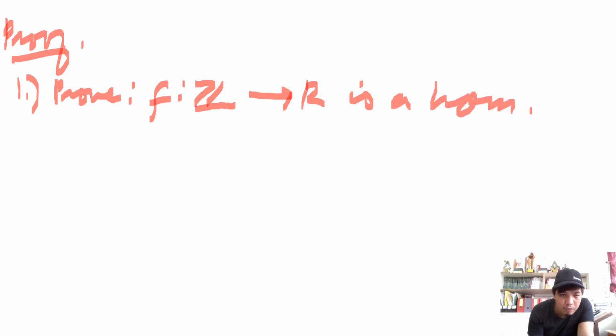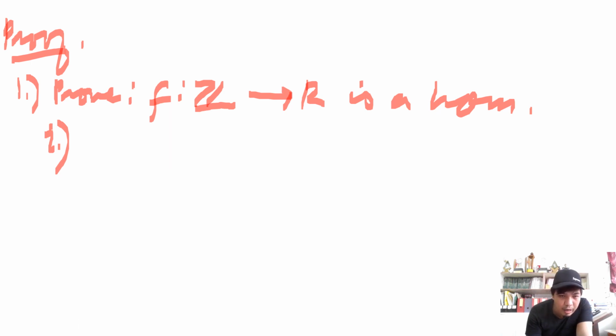From our previous discussions, in order to show that a function is a homomorphism, we have to satisfy three conditions. The first one, we have to show that the function f is well defined.